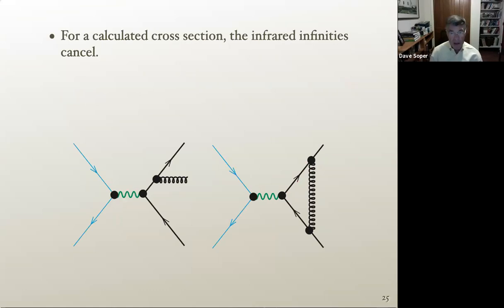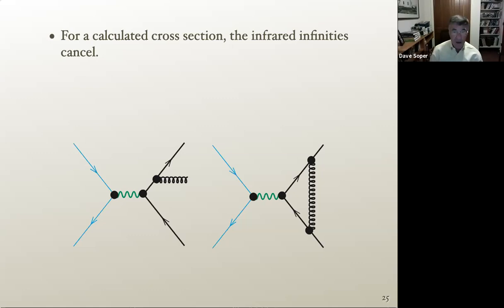And in calculated cross sections, the infrared infinities that you get from those singularities cancel. That's because there's a cancellation between a real emission diagram, like the one I drew on the left, that we've been talking about all this time, and an exchange diagram, where this is a virtual gluon and it's exchanged. And you may know that in Feynman diagrams, if you integrate real emission diagrams and then add on the corresponding virtual diagram, infinities tend to cancel.